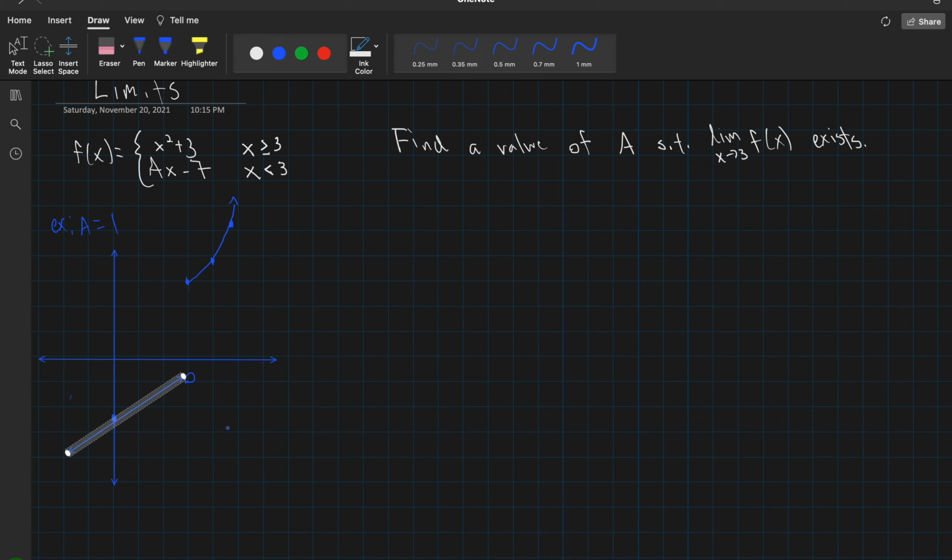Alright, so the idea that we're illustrating here is that right now when a is equal to 1, there's this large gap, which means the limit cannot exist.